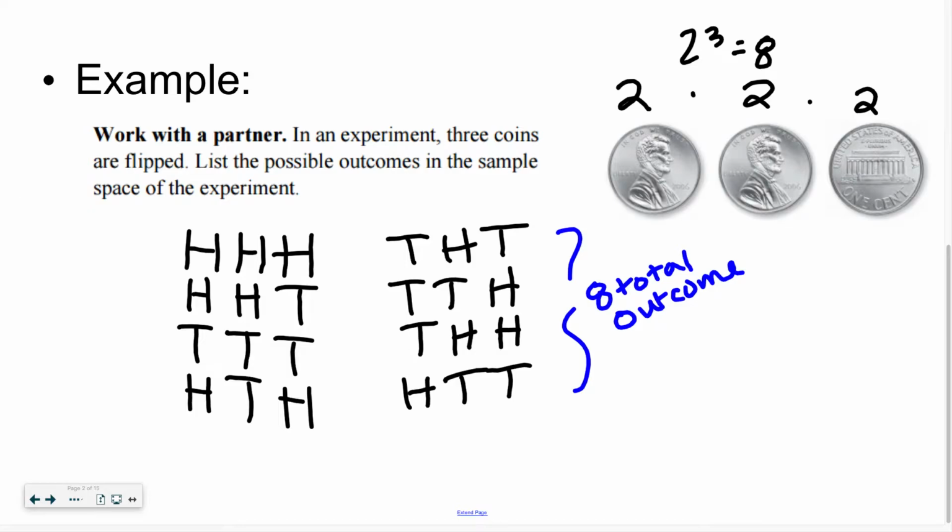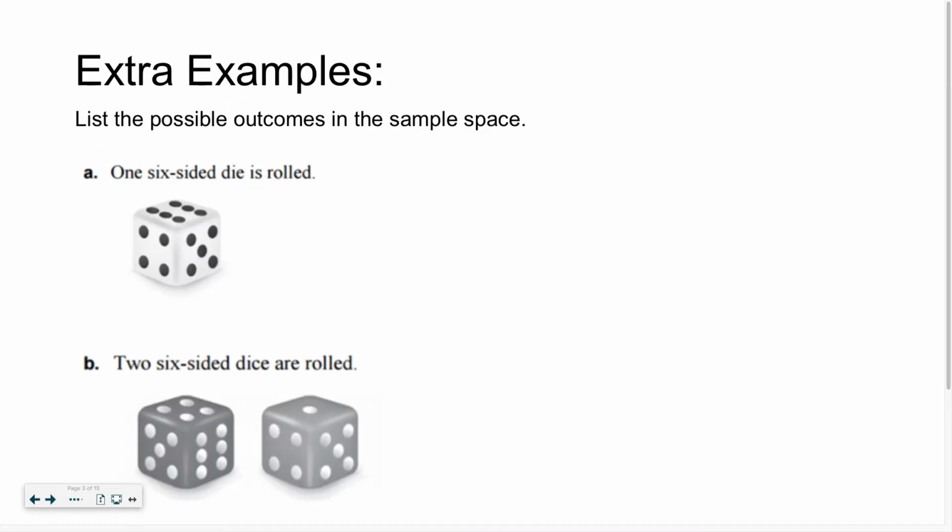I won't spend too much time on this next one, but I am going to show you there is an official way to write the sample space, so I'll show it to you for this extra example with 1 die. Suppose you roll 1 die. What are the possible outcomes? 1 through 6, right? When mathematicians write sample spaces, they use squiggle brackets.